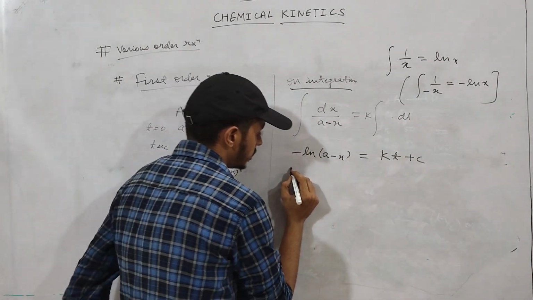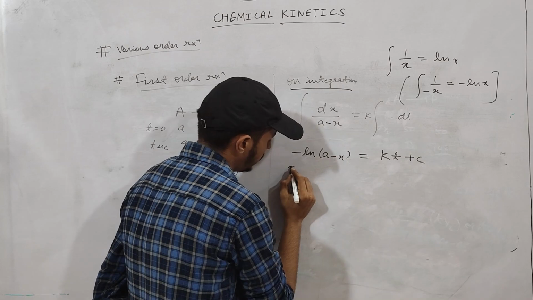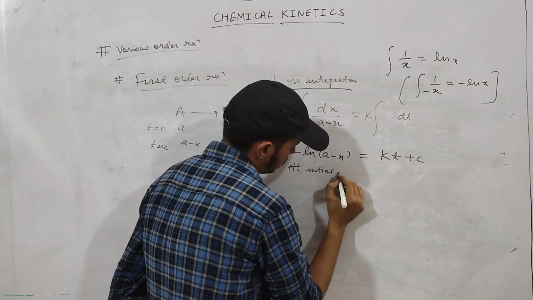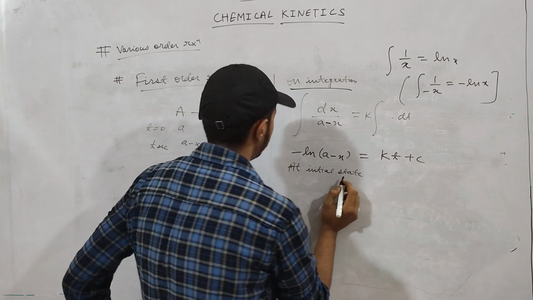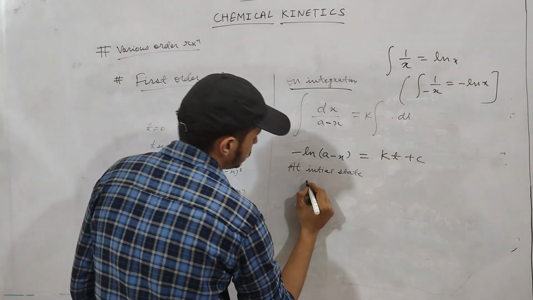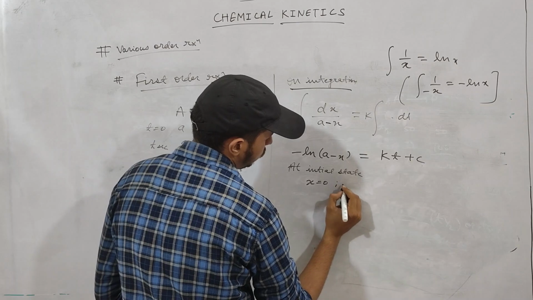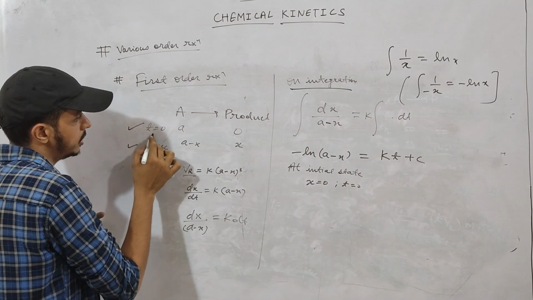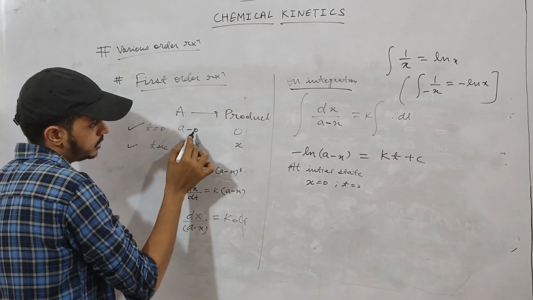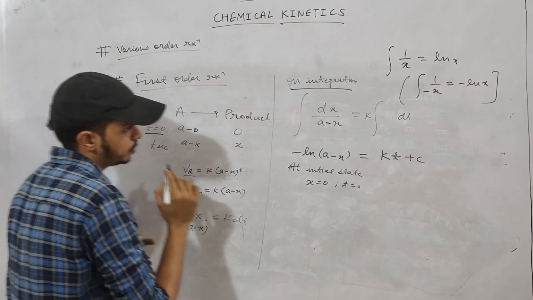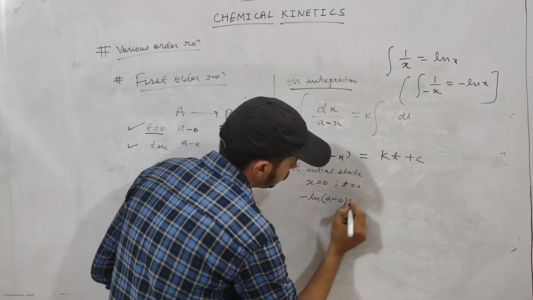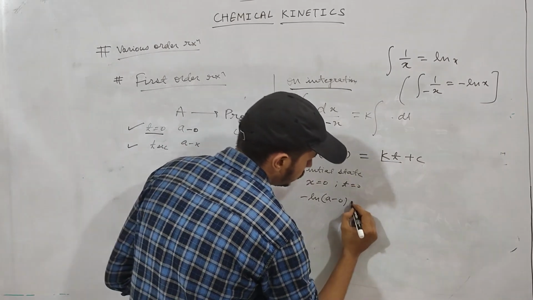So at initial state, to find the value of the constant, x was 0 and t was also 0. You can see that this is the initial state and this is the final. So x is 0 and t is 0. So we will put the value of this here, ln A minus 0, and this whole term will be 0, is equals to c.